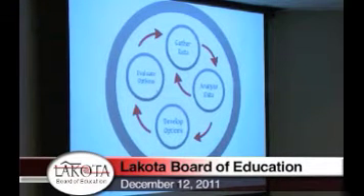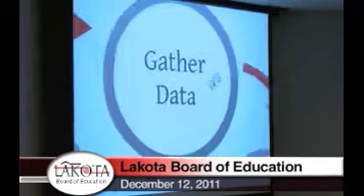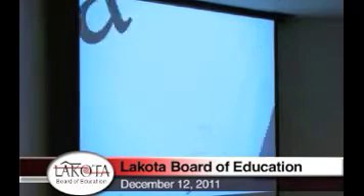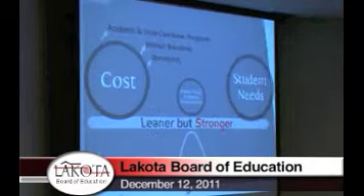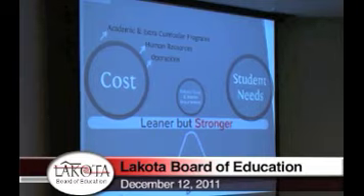We will analyze it for a lot of different things. Cost. We'll analyze the data based on student ratios, the cost of delivering the service, the high need areas, the trends of enrollment. So all of the data takes us to a place where we're looking at cost in the areas of academic and extracurricular programming.